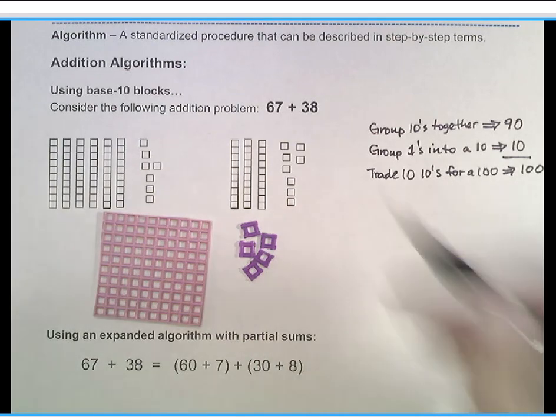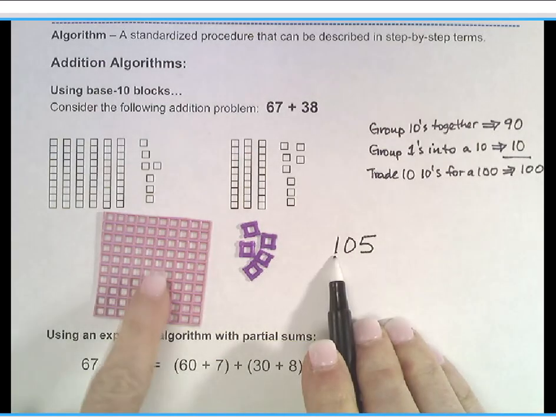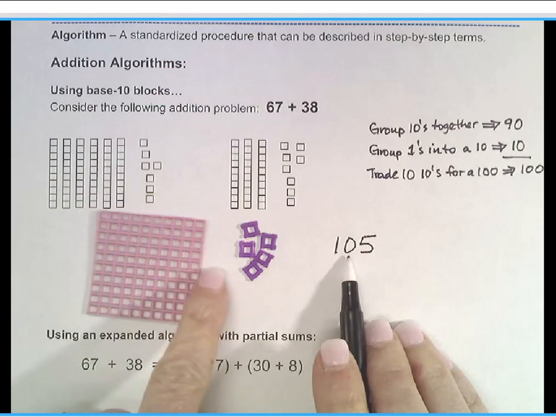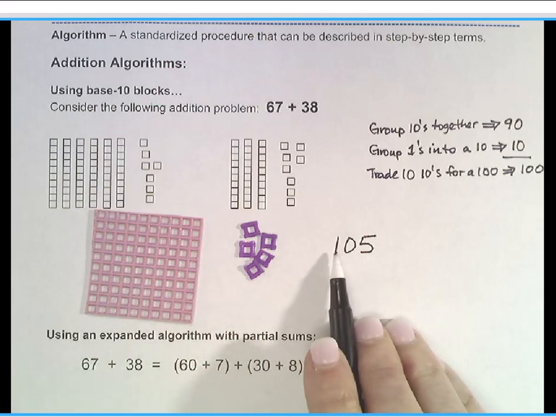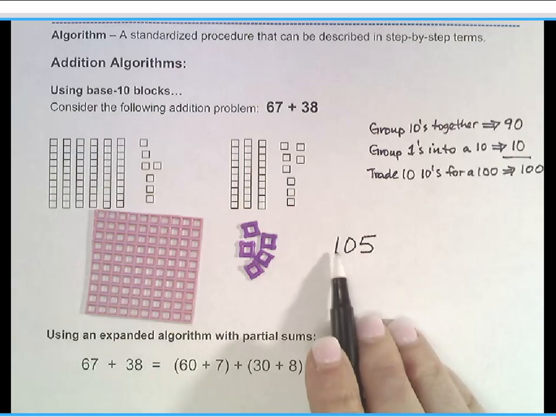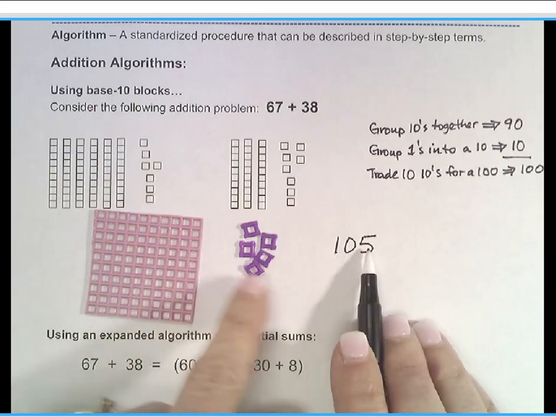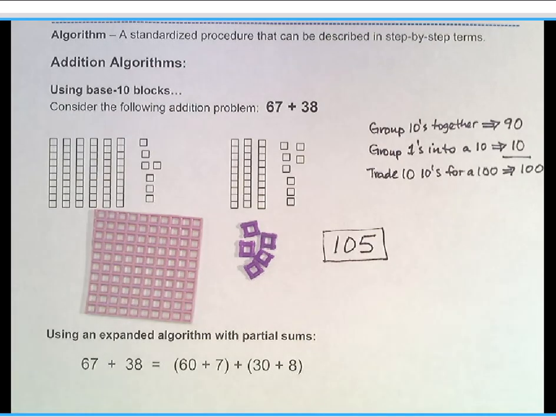So I end up with 105. I have 1 of these shapes, none of the blue long shapes, and 5 of the purple shapes. Each digit tells you how many shapes you have of that particular place value. So that's how you add using base 10 blocks: you group together and then you trade. 10 1s can become a 10, and 10 10s can become 100.